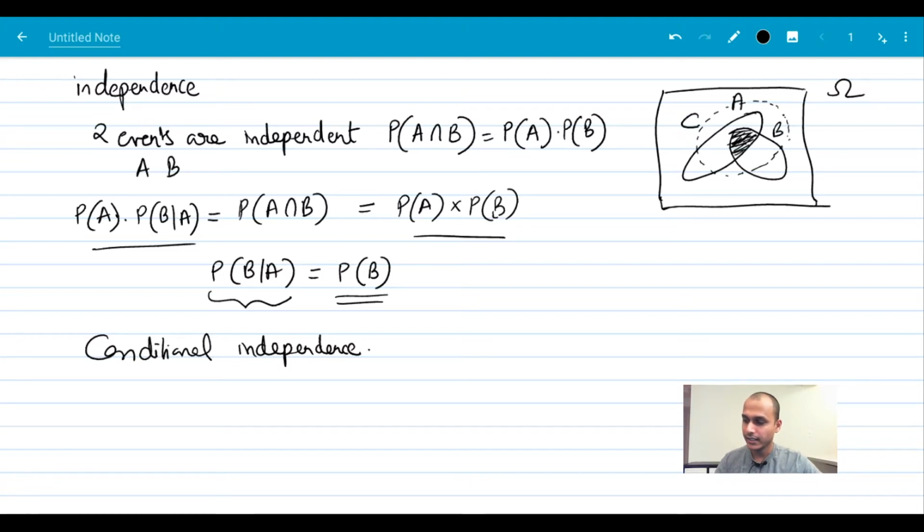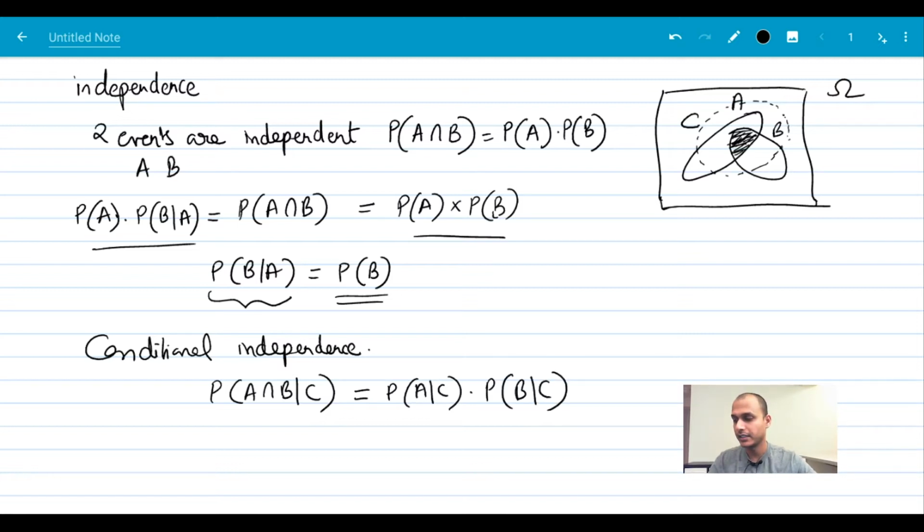So you can see that, in this version, conditional independence means this property is true: probability of A intersection B given C is probability of A given C times probability of B given C. I drew an event C, which has some overlap with A and B, and it also has some outcomes which are outside. Now you can see that the intersection region is still the same.